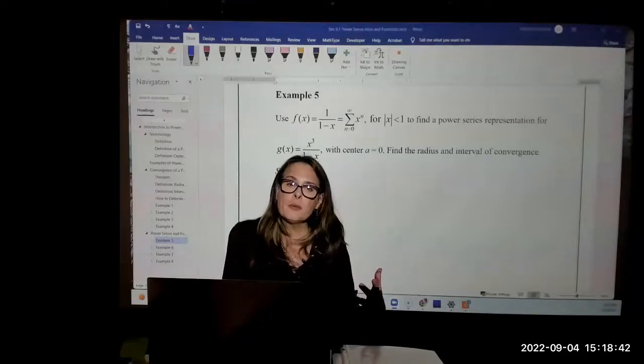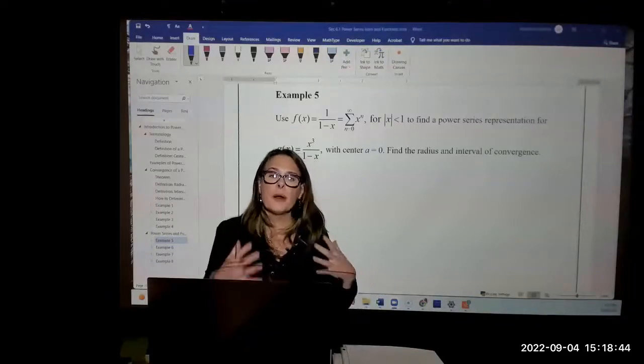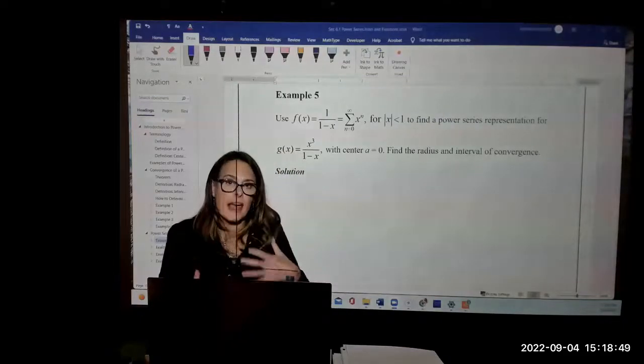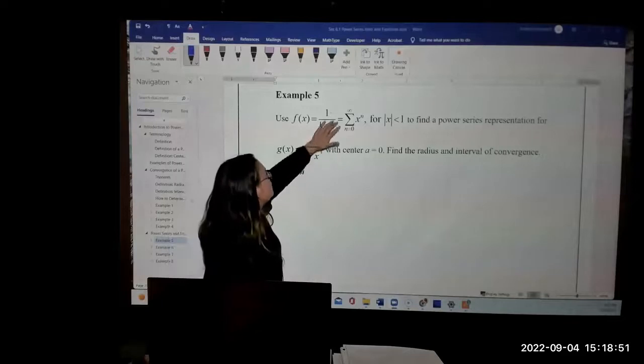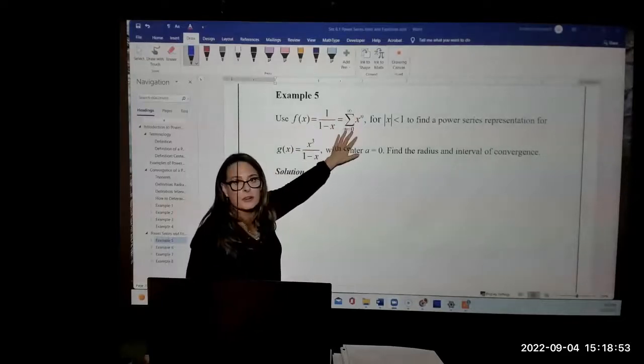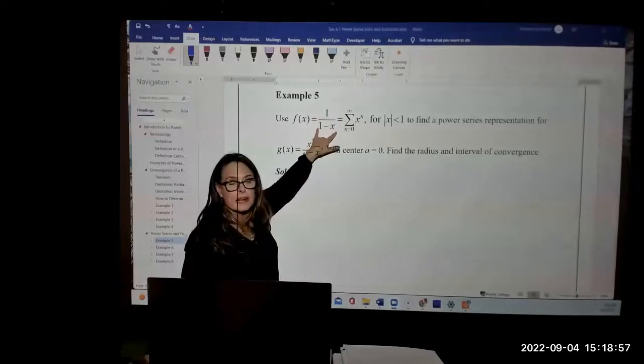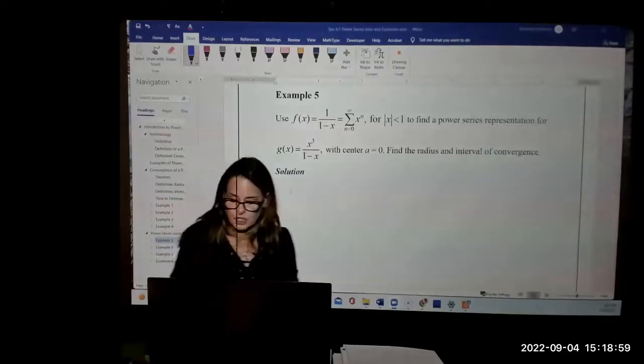Well, the first thing we want to do is represent the new function g in terms of f of x, because we know what that series looks like, and we know that it converges to 1 over 1 minus x on its interval of convergence.